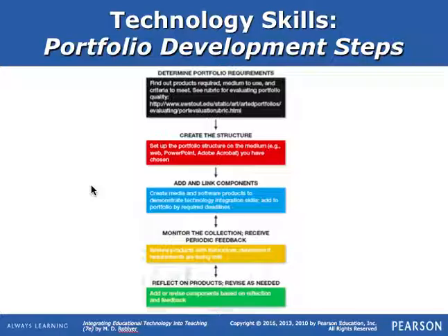This just goes into their developmental steps of determining portfolio requirements, what you're going to need, creating a structure or an outline, adding and linking components, monitoring the collection, receiving periodic feedback, and then reflecting. So we'll talk a lot more about that as we go on. I'm not going to go way deep into this stuff, but I want you to read about it in the book.